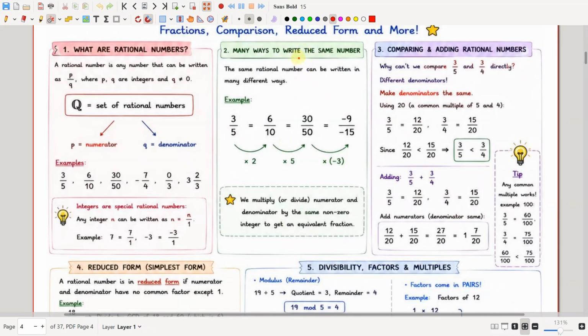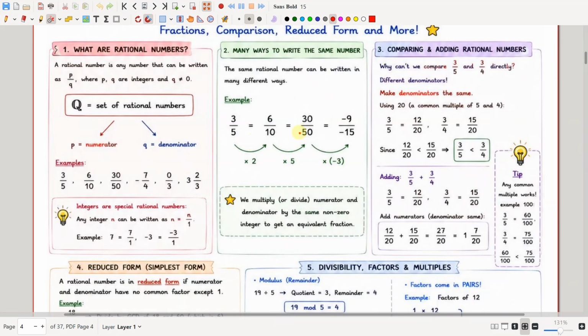In rational numbers, we will be having many ways to write one certain number. For example, you will be having 3 by 5, which is multiplied by 2, you will get 6 by 10, which you again multiply by 5, you will get 30 by 50. And then you again multiply by minus 3, you will get minus 9 by minus 15.